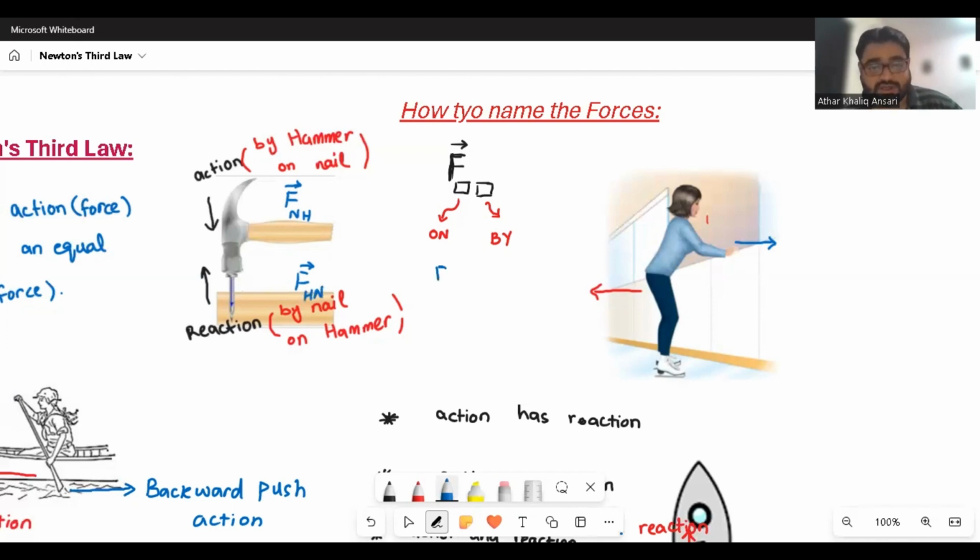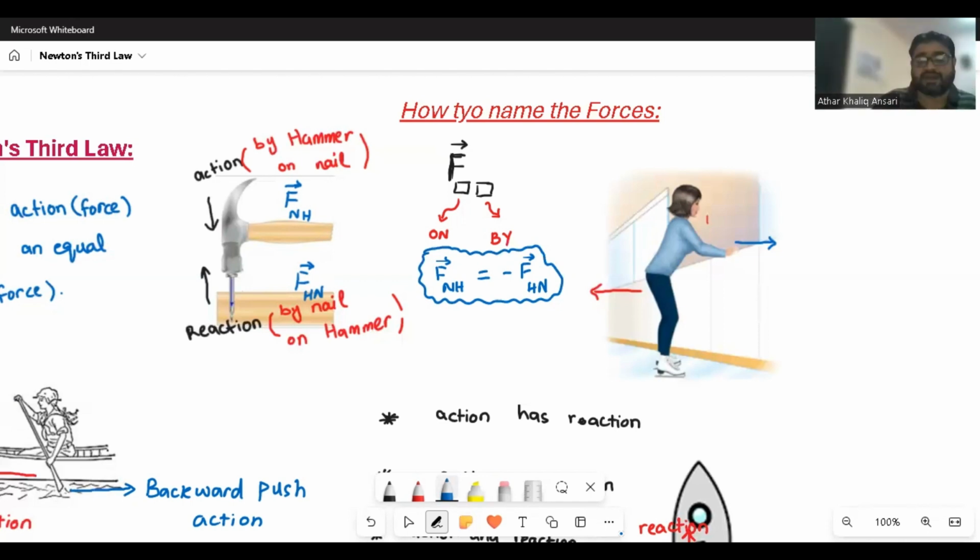According to Newton's third law, the action of the hammer on the nail, F_NH, is equal to the reaction of the nail on the hammer, F_HN. Mathematically, action and reaction are equal, but I have to put a negative sign here that shows both are equal but opposite in direction.